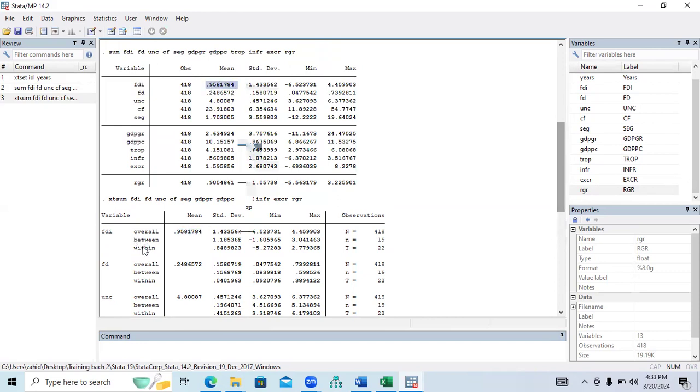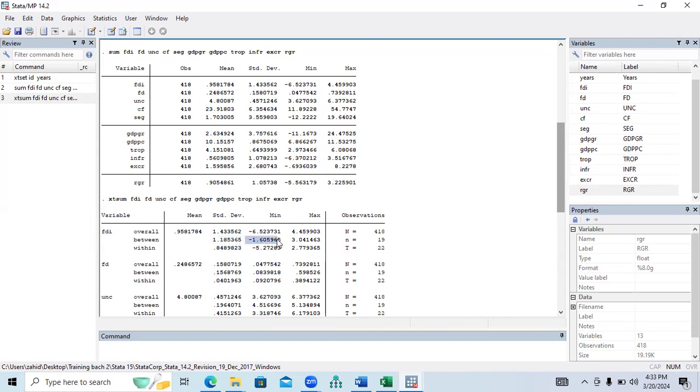But in case of xtsum, it shows the between and within effects. The between effect is used when we are going to analyze FDI between different countries. So between different countries, there is a standard deviation of FDI of 1.185365.